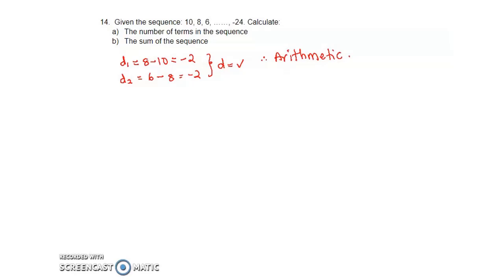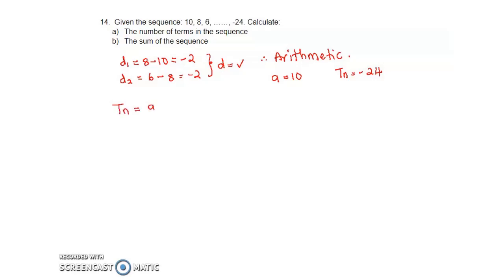So use the arithmetic formula. We know that from the given sequence, A equal to 10 and Tn equal to negative 24.